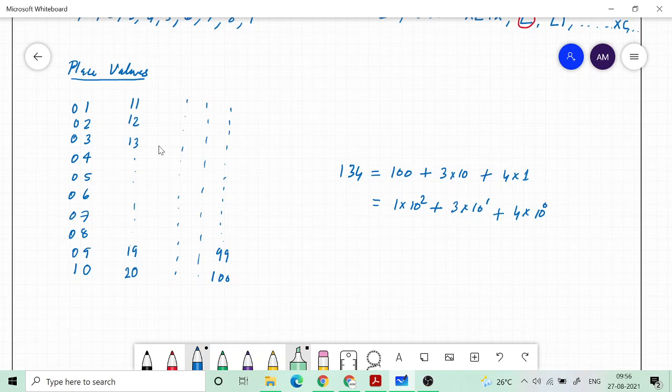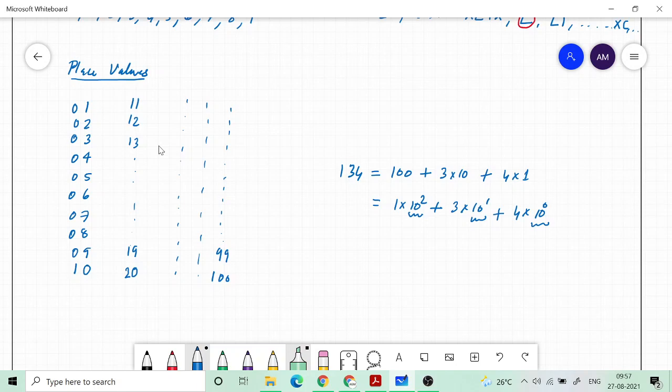Why? Because each position, or place, has values associated with the power of 10. And how does the 10 arise here? Because there are 10 symbols here. That is why. So once you use each of the 10 symbols which are available, you exhaust all the possibilities there.